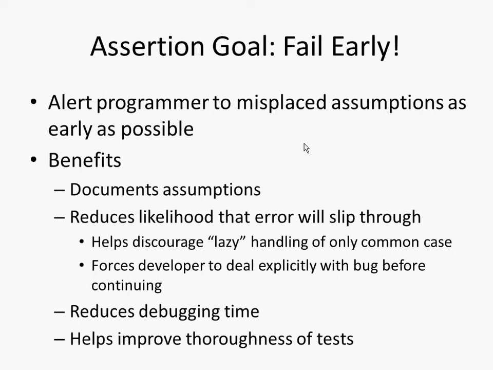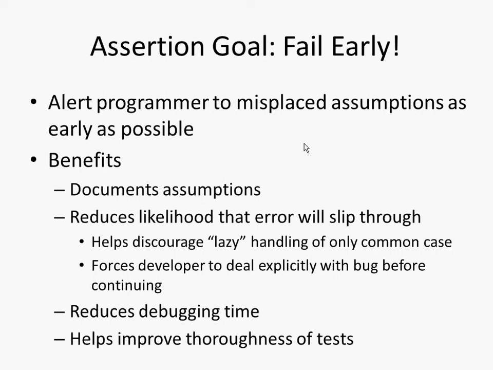So that's a big goal for it. But there are other benefits. This reduces the likelihood that an error will slip through. It forces us to face the fact that we've got to fix this. Another benefit is that it documents our assumptions. As I said before, it operationally encodes our assumptions. It describes our assumptions, sort of like a comment would, but in a more specific way, in a way that actually checks them each time the code is run.